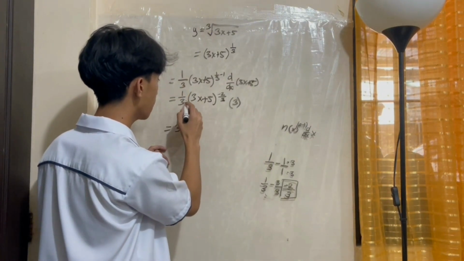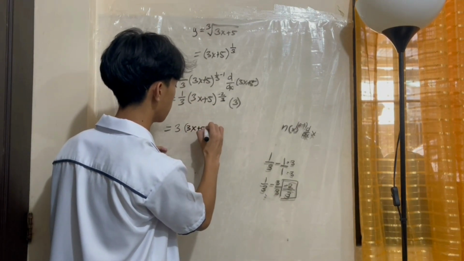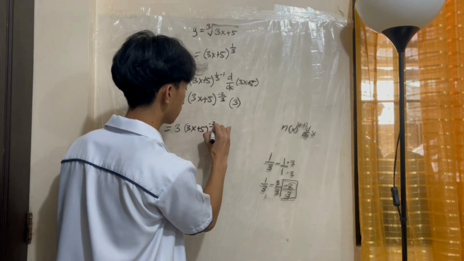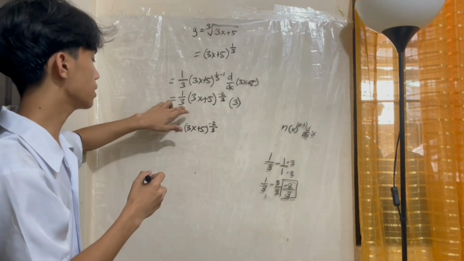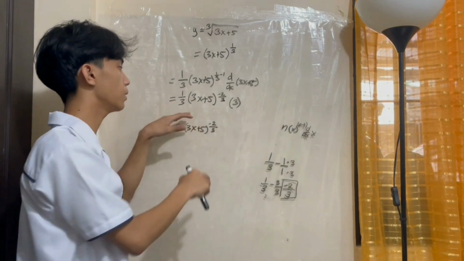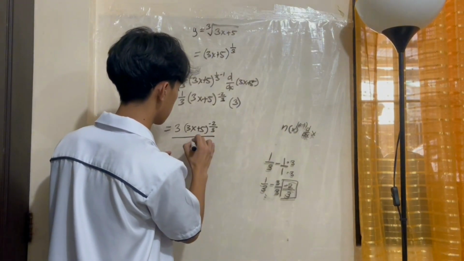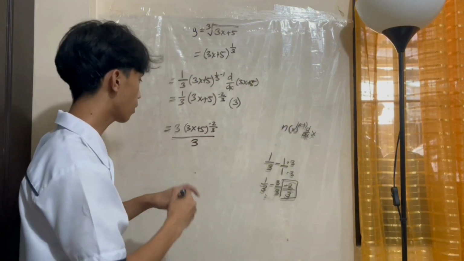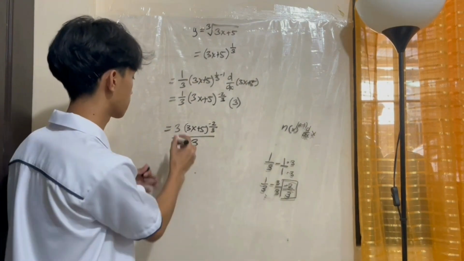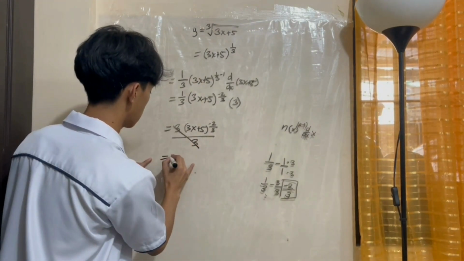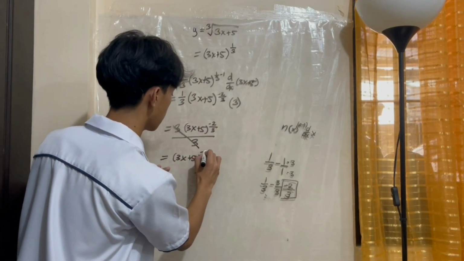So 3. And now, let's just copy our x, which is 3x plus 5 raised to negative 2/3, all over 3. Now, since they have the same number, we can cancel them out. So, what we have now is 3x plus 5 raised to negative 2/3.